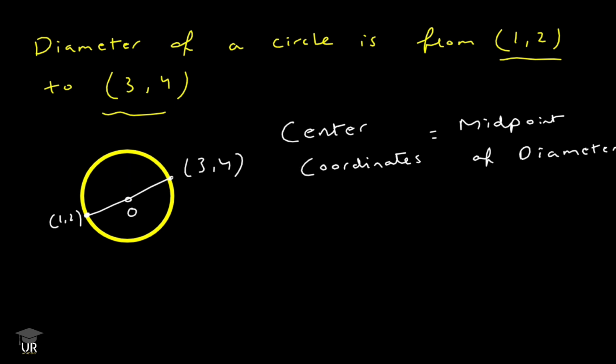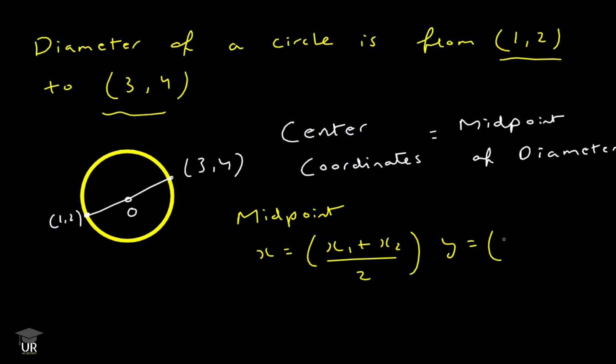So the formula for the midpoint that we need to use is: the x coordinate of the midpoint is x1 plus x2 divided by 2, and the y coordinate of the midpoint is y1 plus y2 divided by 2.